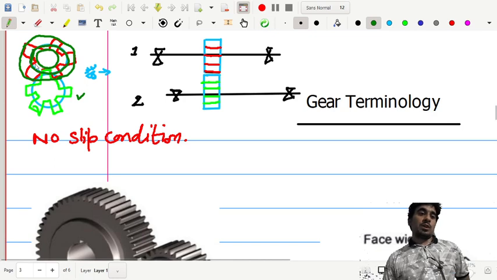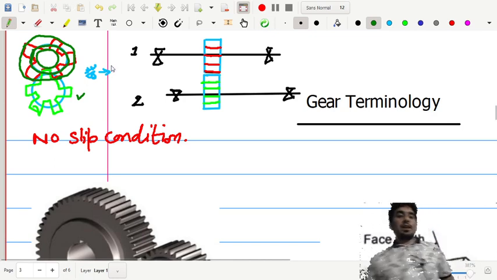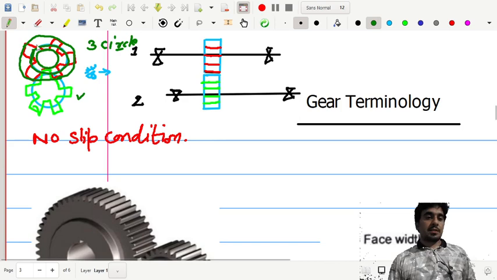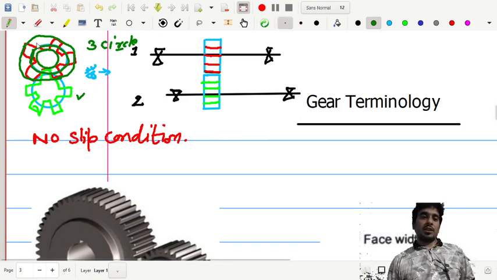So a particular gear profile will have three circles. All the measurements, for example the distance of the upper circle, will be measured with respect to the middle circle, and for the lower as well.